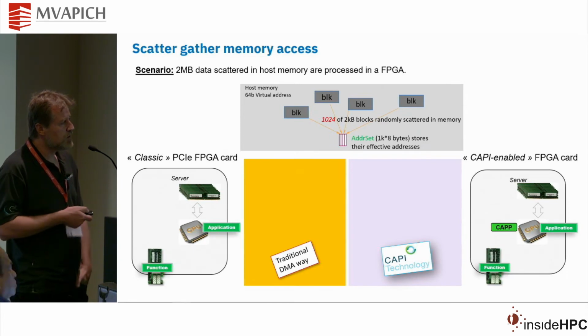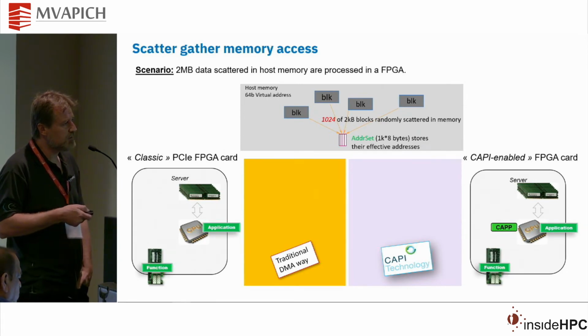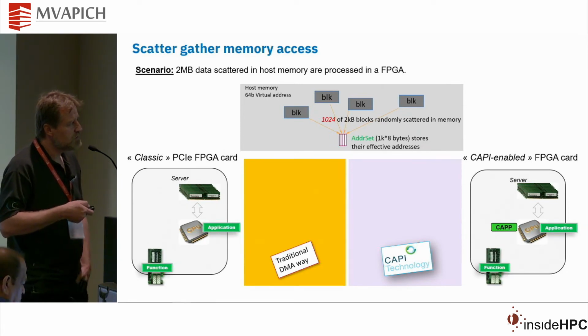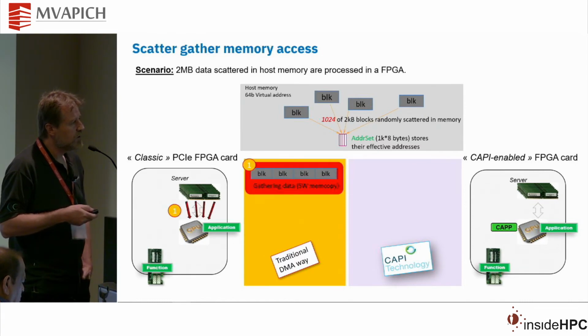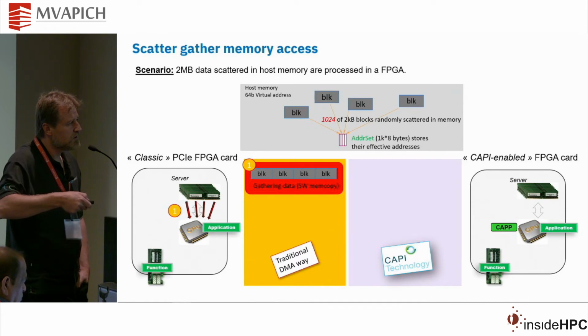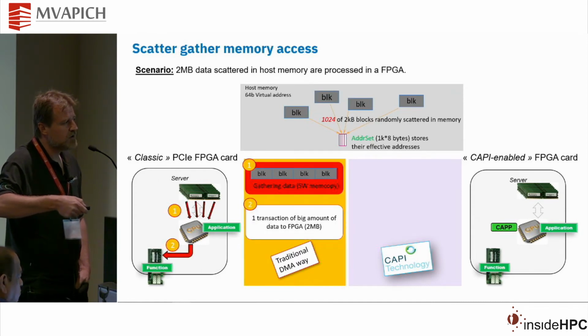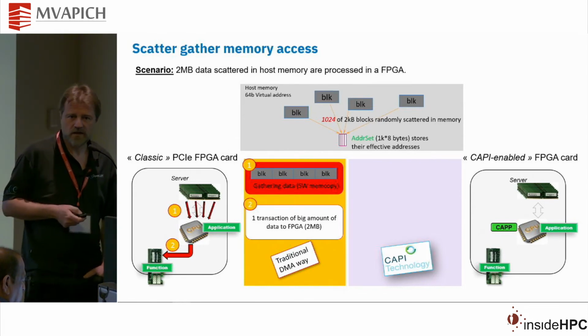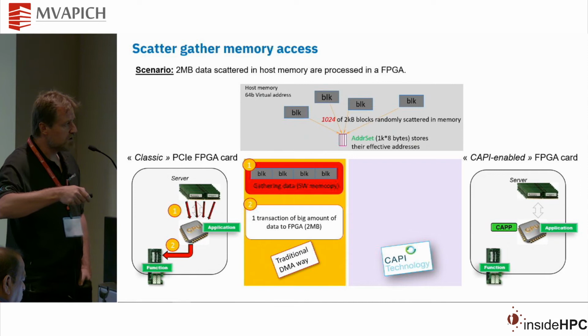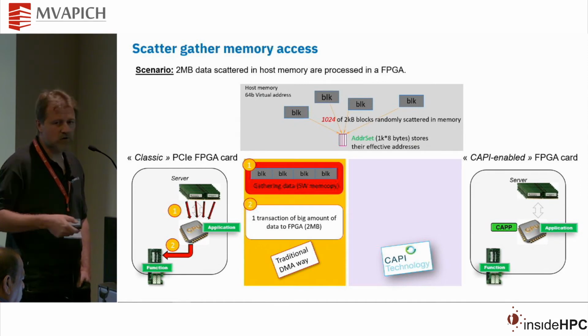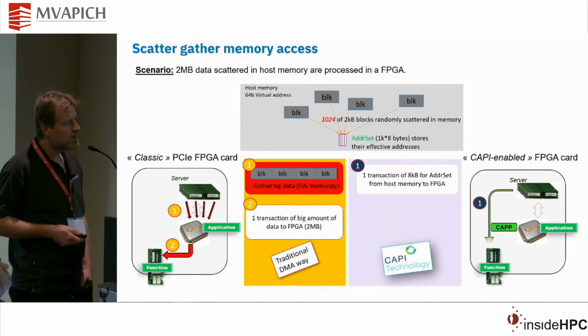So we will work on the traditional way on this side and the CAPI way on this side. Traditional way, we want to gather all blocks which are spread in the memory into the CPU application, and then we make a single big transfer of the total into the FPGA, okay? So you have several collecting times plus one global transfer time.